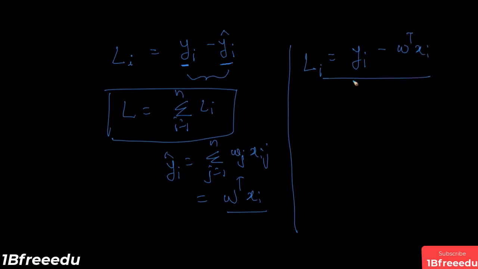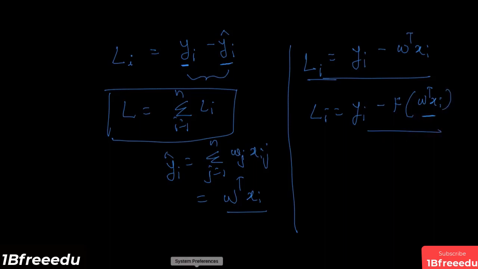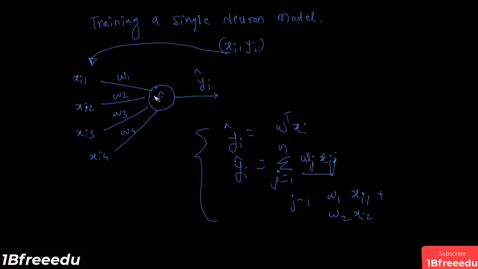Now if I generalize this loss for any neuron model, maybe logistic regression, linear regression, or any other model, the loss will be Li equal to Yi minus f of W transpose Xi. This W transpose Xi is the weighted sum in this neuron model, right? So this sum of Wi's multiplied with Xi's is W transpose Xi.